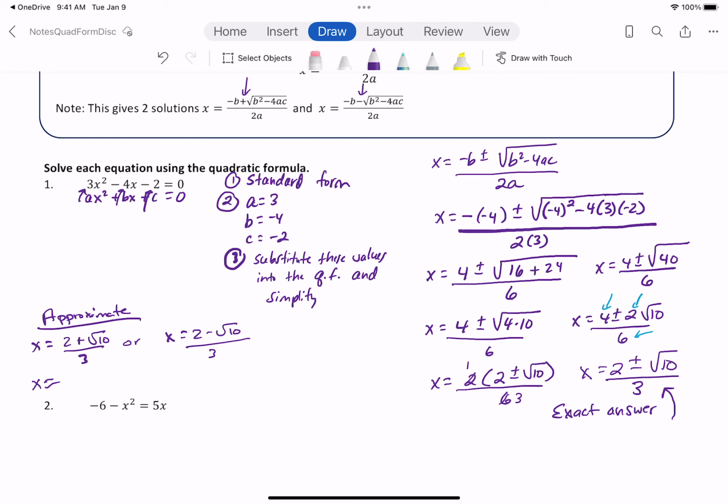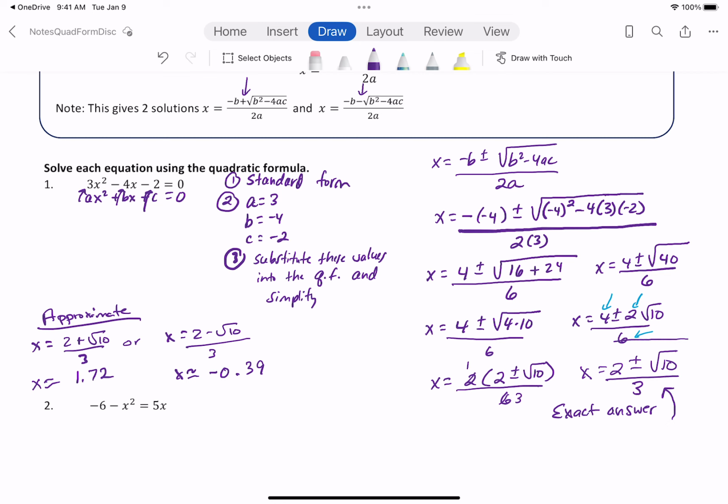Alright, so let's see what we would get. If I enter 2 plus square root of 10 on top divided by 3, I got 1.72. And if I enter 2 minus the square root of 10 all over 3, I got, for this one, negative 0.39, and that was rounding, okay?